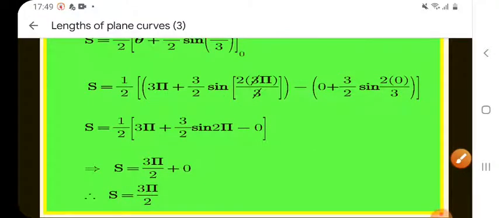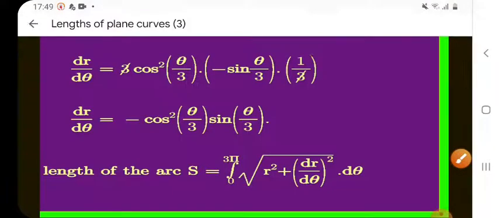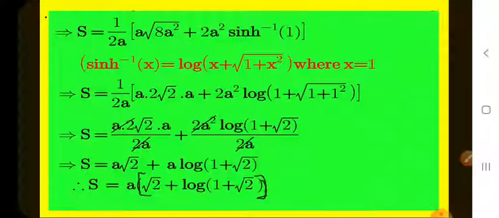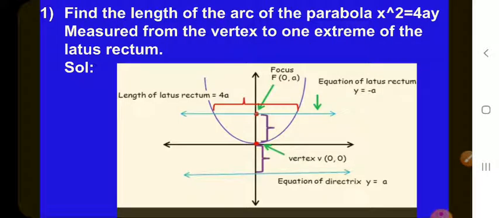What is our curve here? R equals cos cube theta by 3. Okay, see here. Next, this is our first sum.